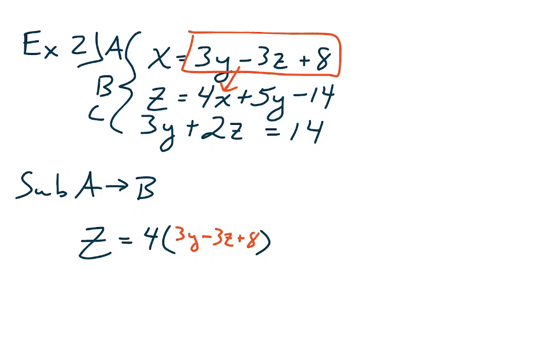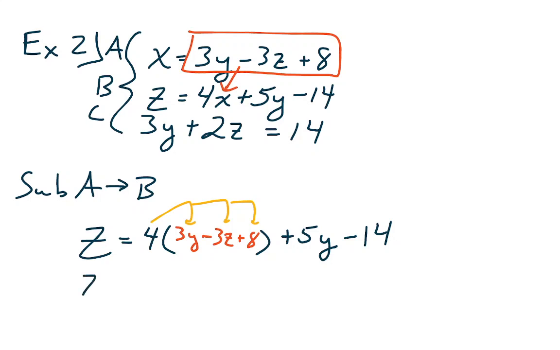And so we just substituted x. I still have the 5y and the minus 14. And if you look over what we got here, even though it needs simplified, it's just an equation with y and z. That's great news, because that's going to match up really nicely with this bottom equation.